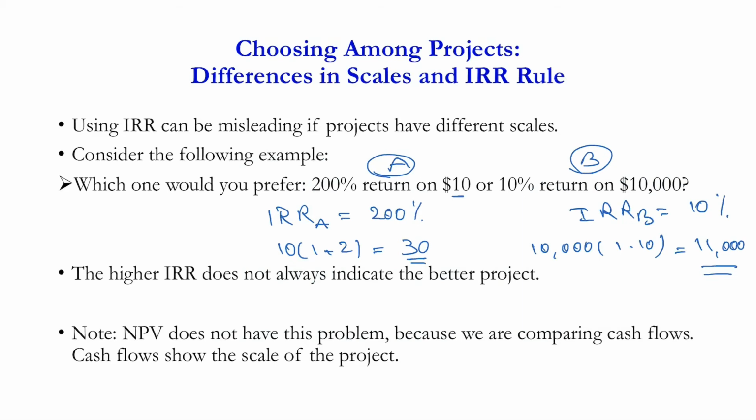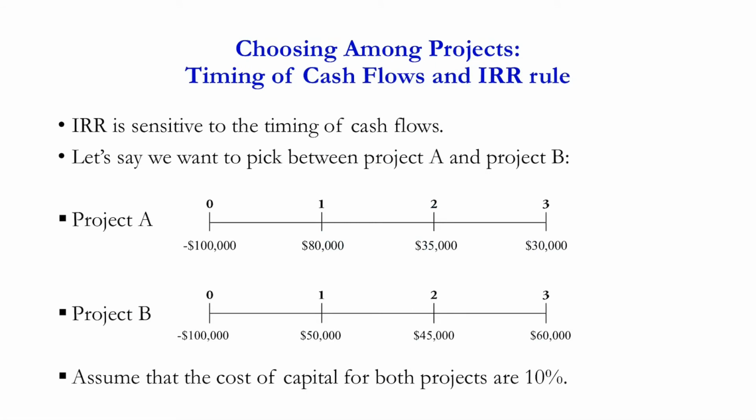Now let's talk about the second example. IRR is also sensitive to the timing of the cash flows, but this sensitivity is not similar to the sensitivity of NPV. To calculate NPV for a project, we take into account the time value of money, and we calculate the present value of each of the cash flows.